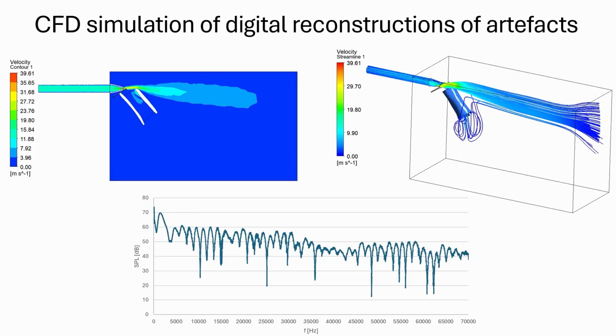I am presenting the simulation results using the example of the artifact from Szczepanowice. Amplifications at individual frequencies are visible, including those beyond the limits of human hearing. The frequency with the highest SPL is 1686 Hz, which corresponds to the musical sound G#6.